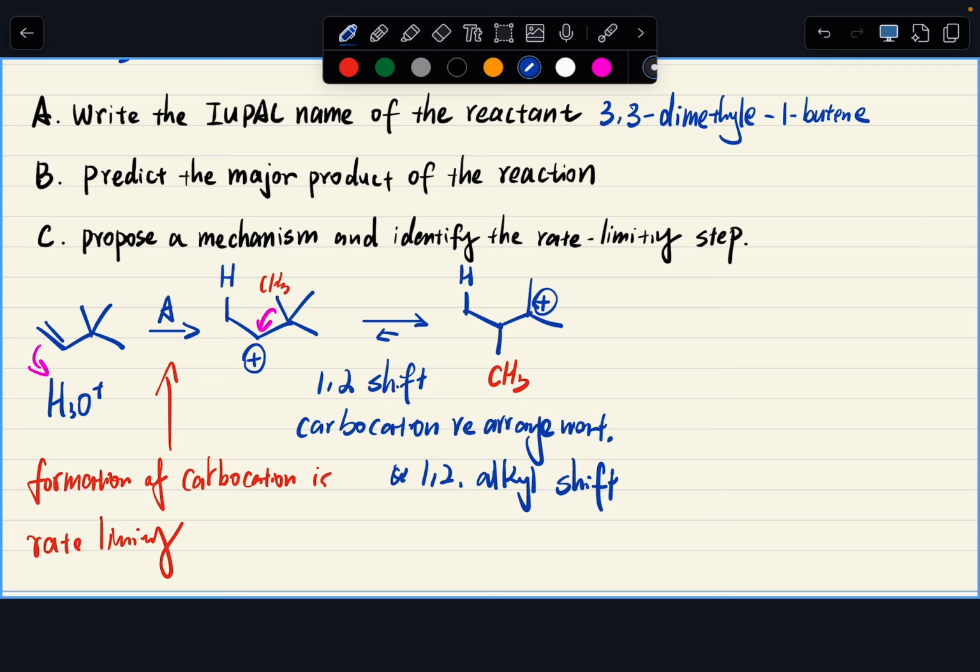All right. And then from here, we're ready to undergo the subsequent reaction, where another water comes in to form the oxonium ion, and then deprotonate to form my final product.